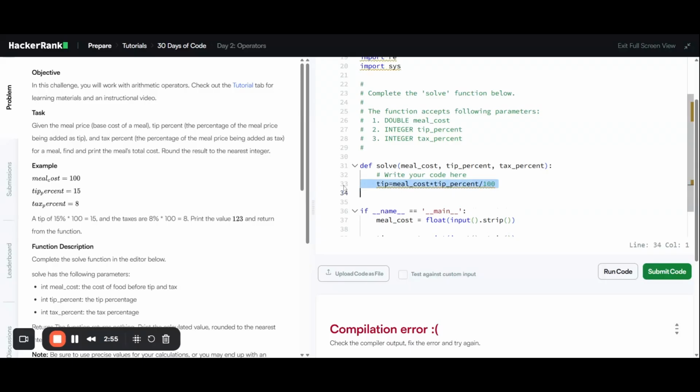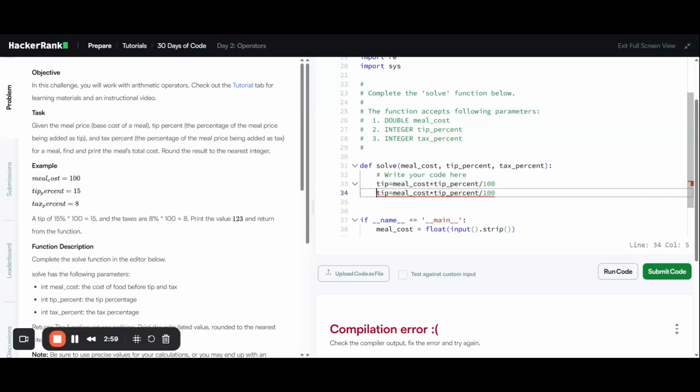Same for the tax amount. And this is the tip amount. And this is the tax amount.